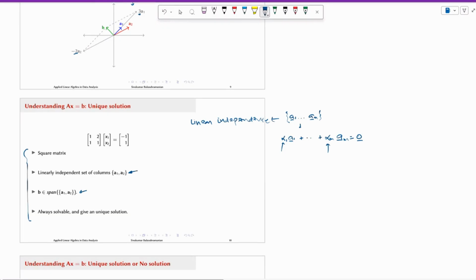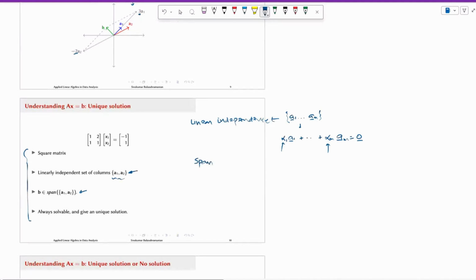If there is any non-zero combination for the alphas that will produce a zero vector, then it's a linearly dependent set. Okay. So for you to have a unique solution for Ax equals b, the set of the columns of A have to be linearly independent. Okay. What is a span?